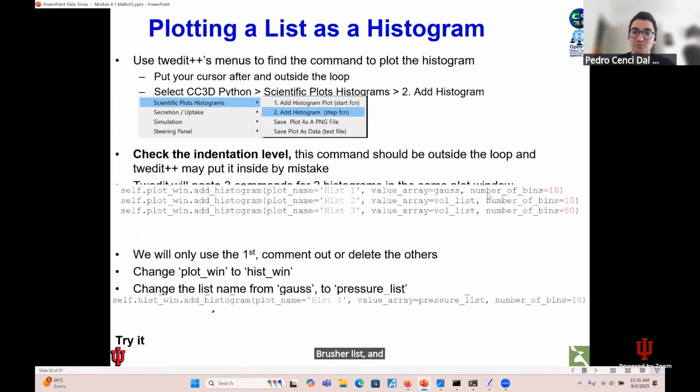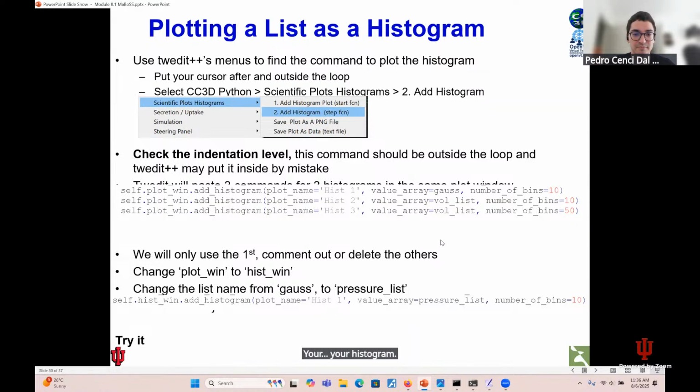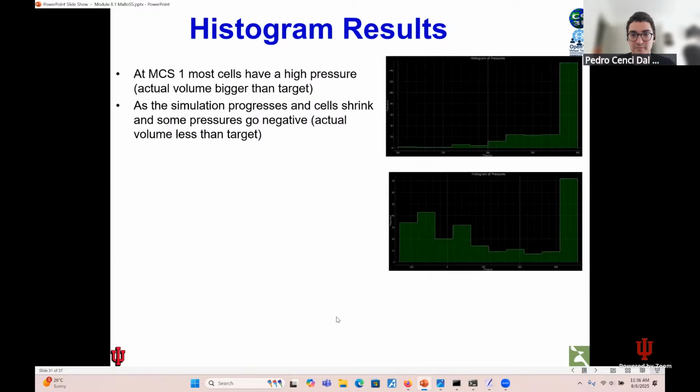And you also set the number of bins to a certain value. You can change the number of bins on the fly as you populate more and more of your histogram. So this is how it looks. This is specific for cell pressure, so I'm not going to talk much about this.